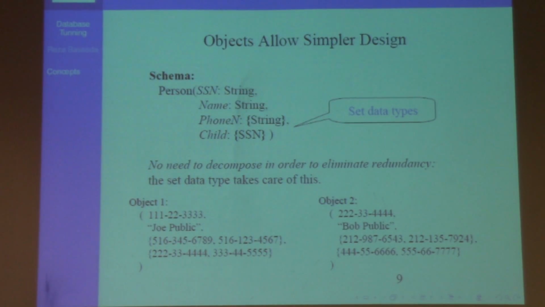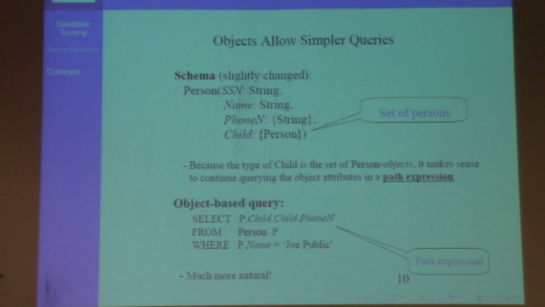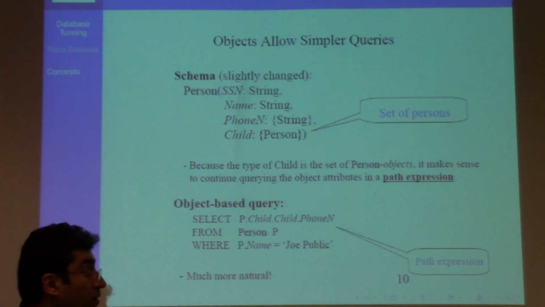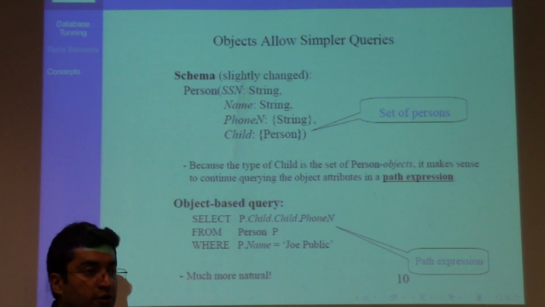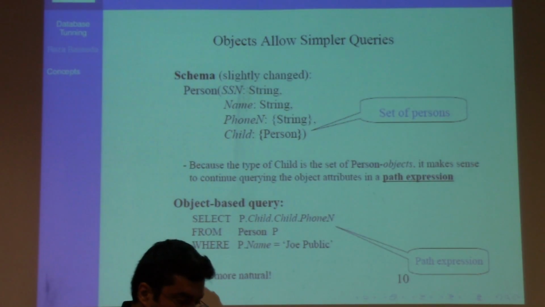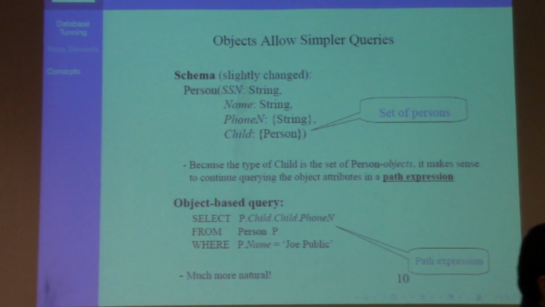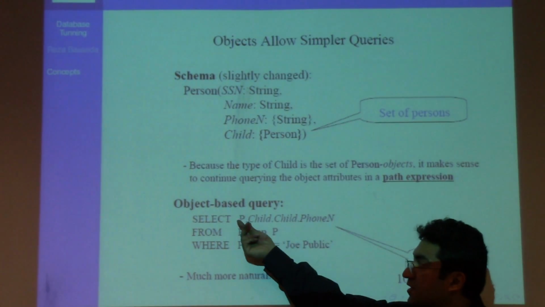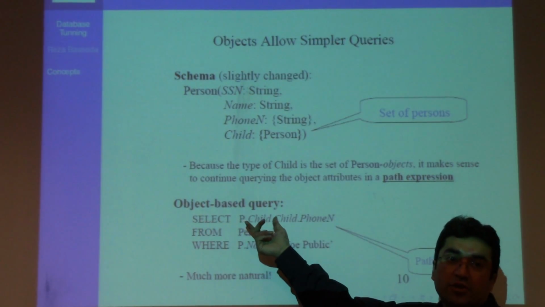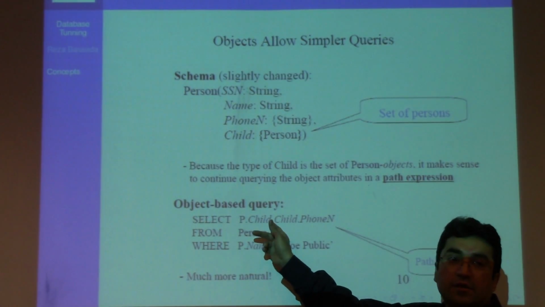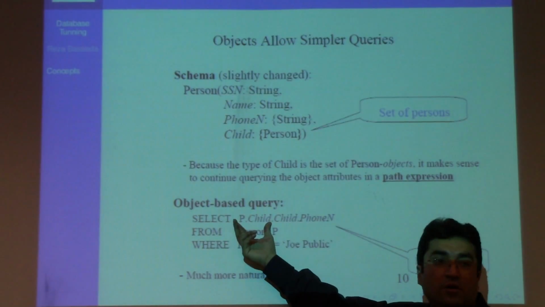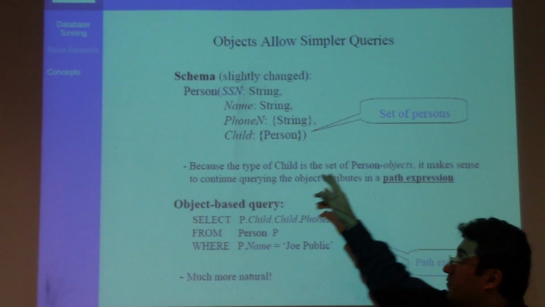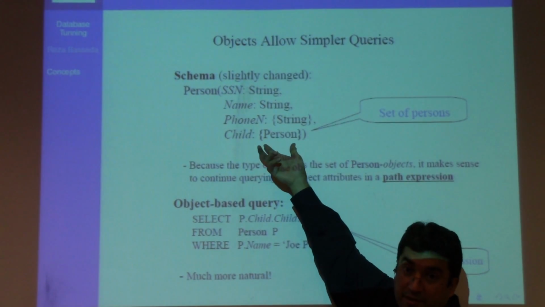What happens is, if you want to write a query, if we manipulate or change this SQL language, the only requirement to recognize the grandchildren of a person is the name of the object. If the person is P, and the child of the person is P.child, that is also a person, right? Because we had this set of person references.